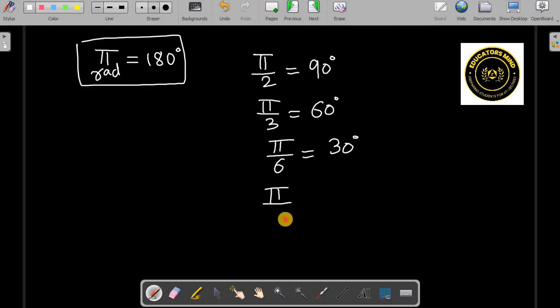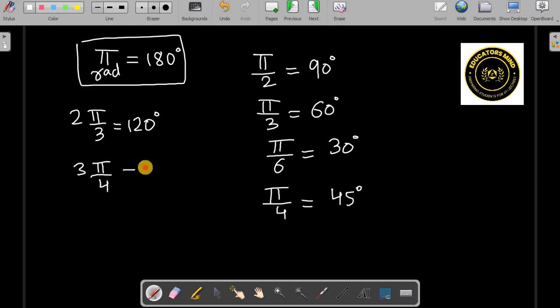Pi by 4, it will become how much? 45 degrees. Like that you can do. For example, 2 pi by 3 will become 120 degrees. Okay, so many ways we can write. 3 pi by 4 will become 135 degrees. Okay, so in this way we can convert angles from degrees to radian, radian to degrees.